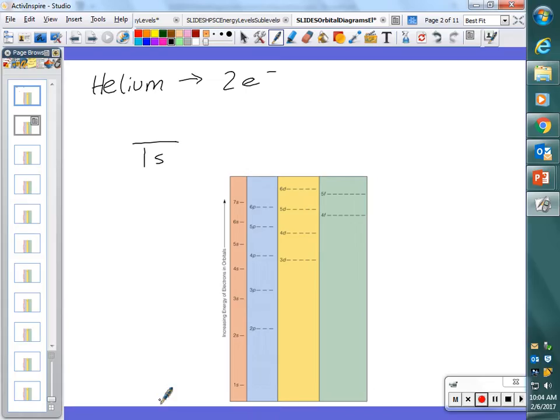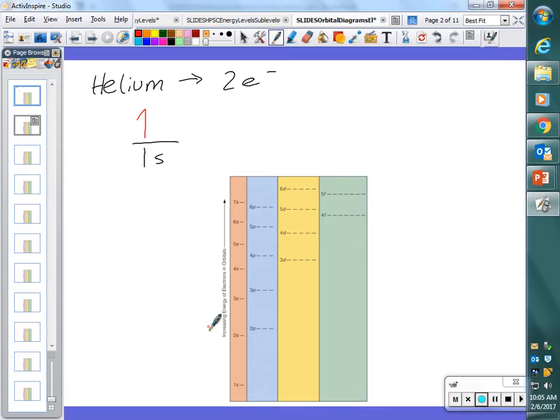We know that we have to place 2 electrons. I'm going to draw my first electron, and that looks a lot like hydrogen's, but we know that helium has 1 more electron. We learned at the end of the last outline how many electrons can each orbital hold?